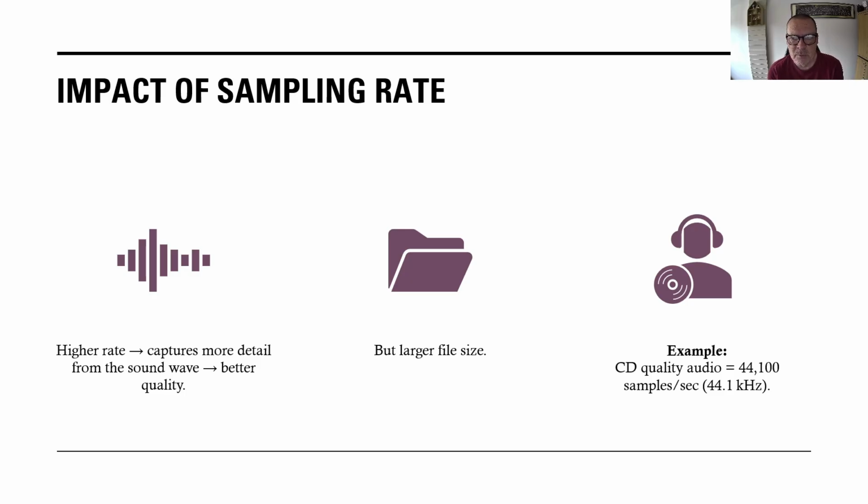CDs, for example, sample at a frequency of 44,100 times every second. So you can see it's very often, there's very little gap in sound, and that's enough for human hearing not to realize that there's any gaps, and we've lost lots of information.